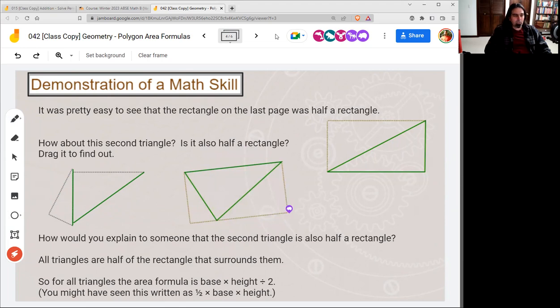Don't need to flip this one around. Can I reorient it back to the beginning for you?